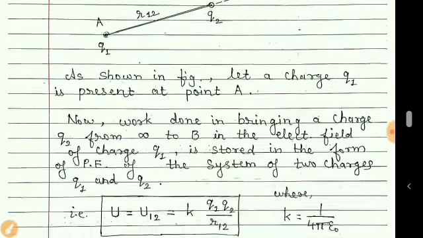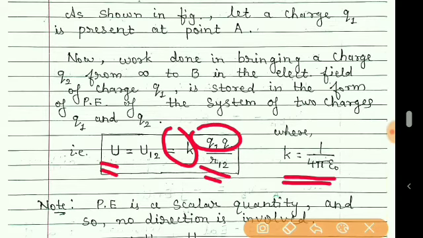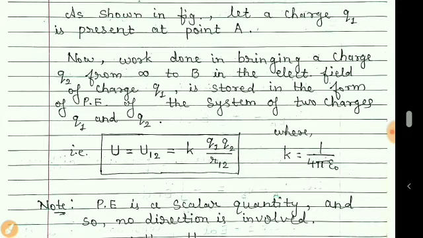Finally, the formula for the potential energy is U equals K times the product of the two charges upon the distance between them, where K is equal to 1 upon 4 pi epsilon naught. This is a very simple formula.